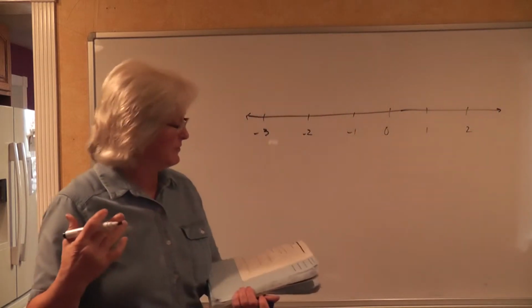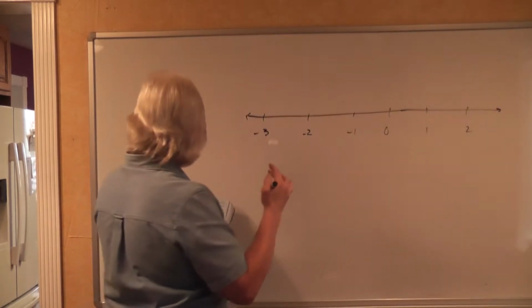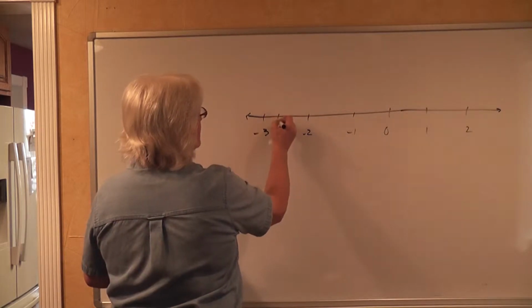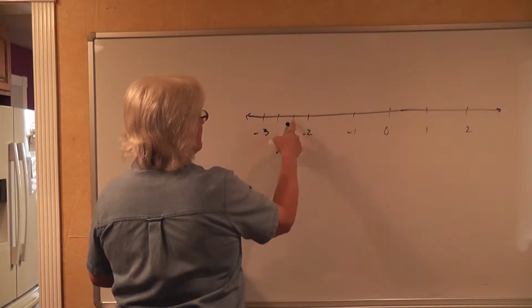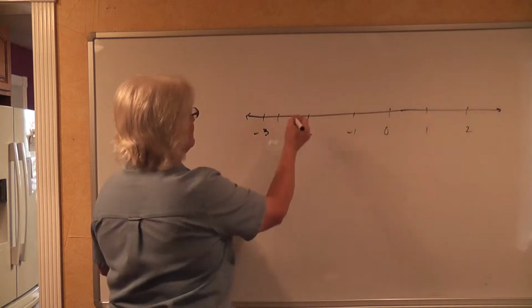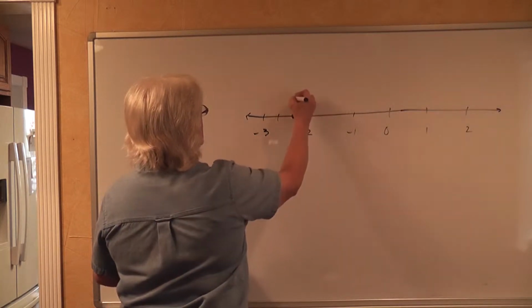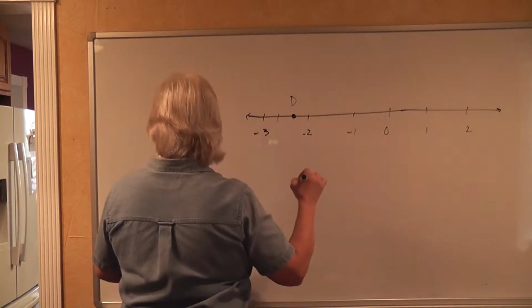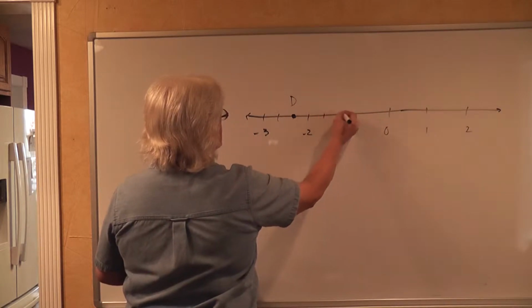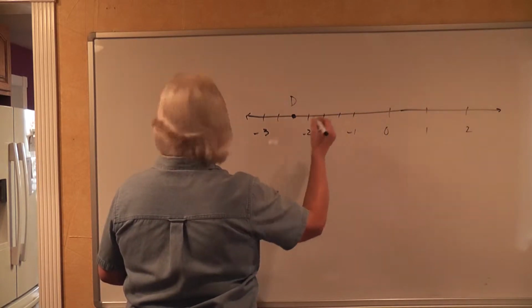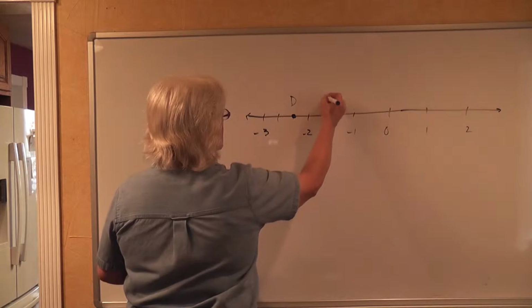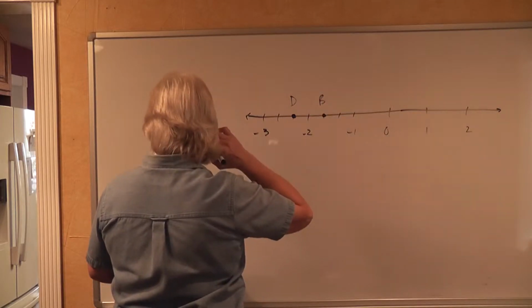And then they have 4 separate points that they're showing, and in between here they have 2 spaces and they have a dot here. This is point D. And then they have this split up into thirds here. Point B.